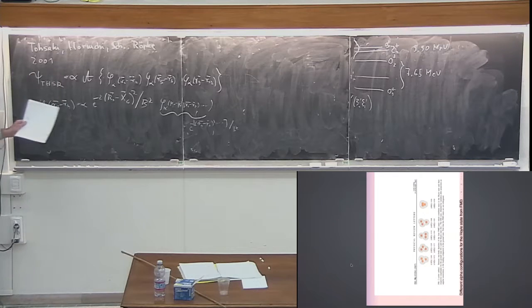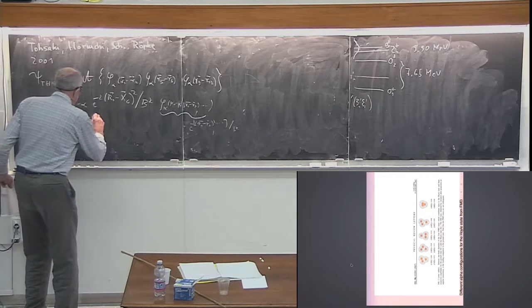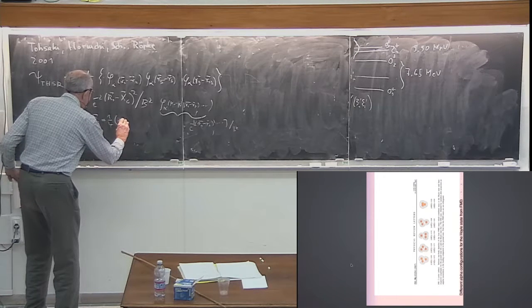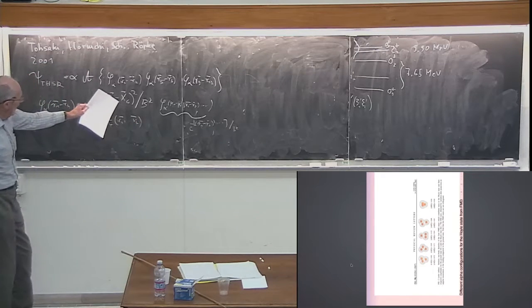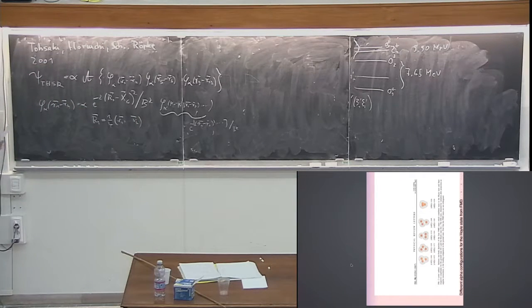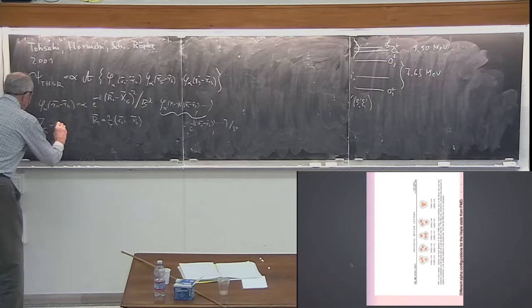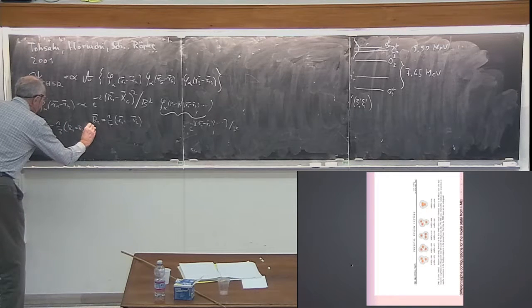So actually, this is the center of mass of 1 alpha, the first alpha particle, so capital R1 is 1/4 of R1 plus up to R4. And the xg is actually the center of mass coordinate of all the alphas, so xg is 1/3 of R1 plus R2 plus R3.